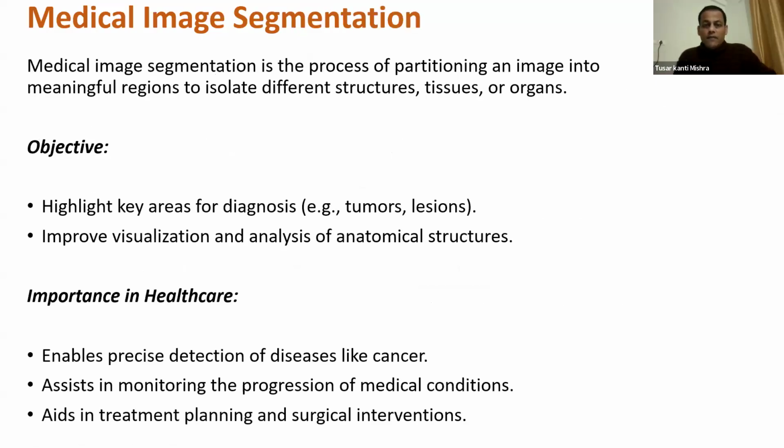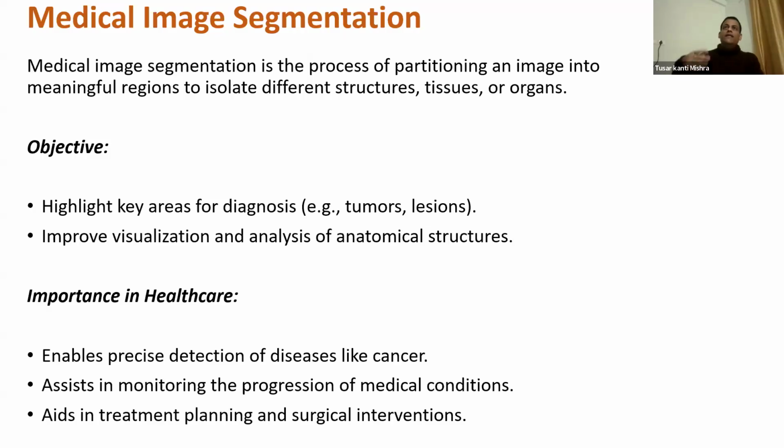Medical image segmentation. Coming to the specific topic, there are 2 points I have noted: to highlight key areas for diagnosis, and to improve visualization and analysis of anatomical structures. These 2 are the key areas where medical image segmentation is highly desirable.